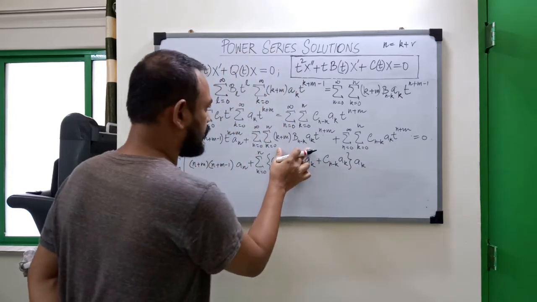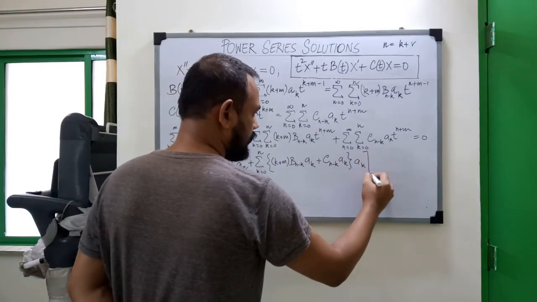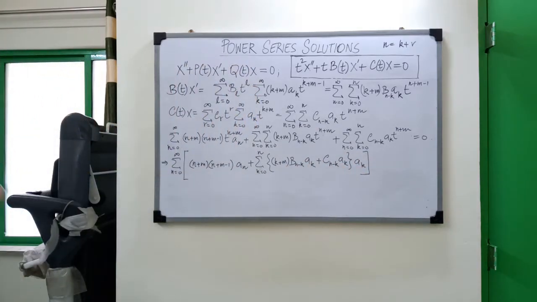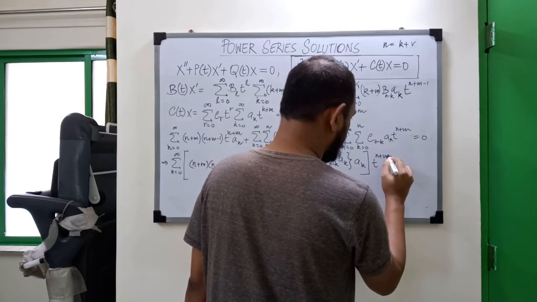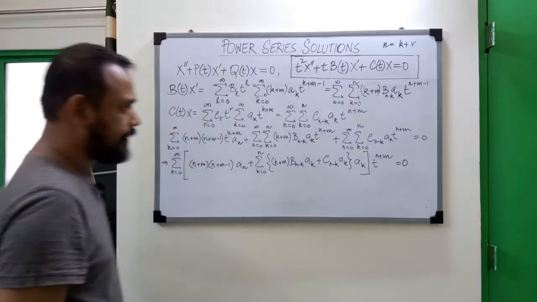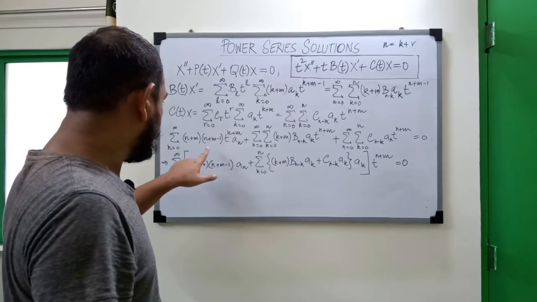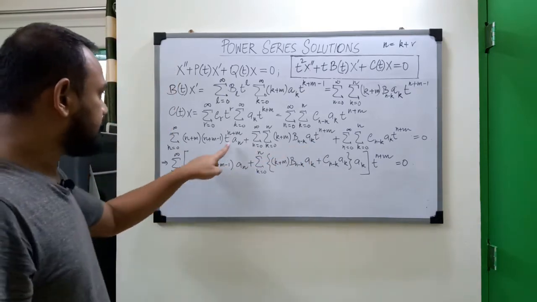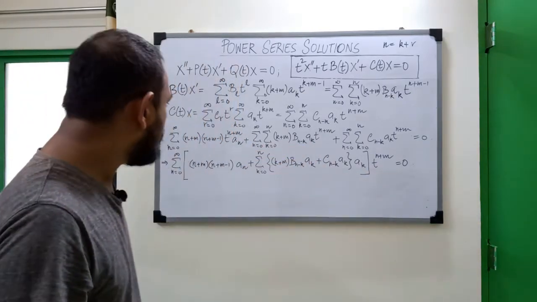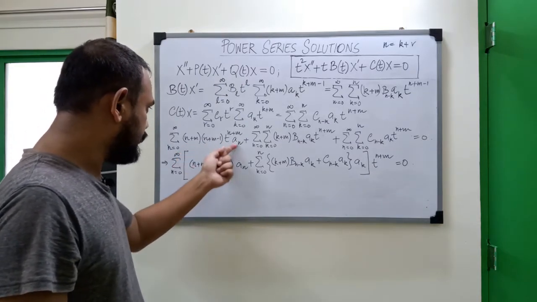This is just looking at these two sums, and now the entire thing will be multiplied by t to the n plus m. I hope that is correct. So you can see that I've taken the one common summation out from all three, and I've taken the t^{n+m} out from all three. So what remains from this one is just this product and the a_n.